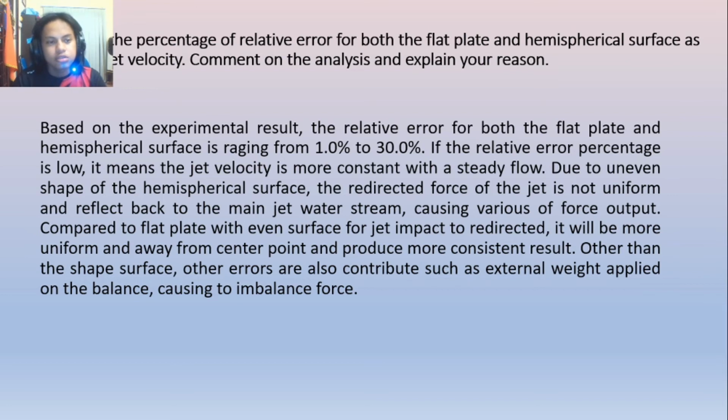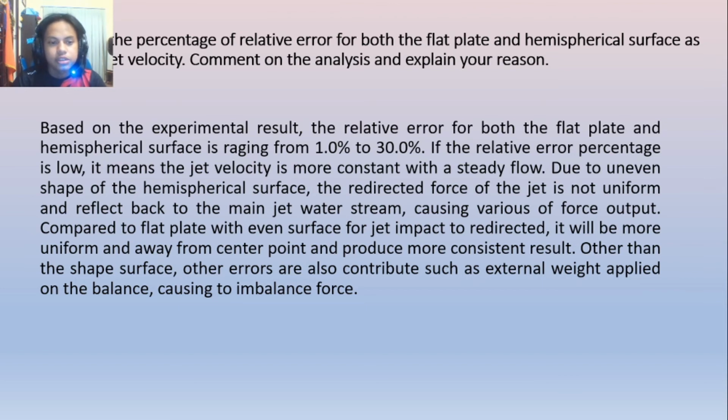So discussion 2 is to compare the percentage of relative error for both plates. Based on the summary result, the relative error for both the flat plate and hemispherical surface ranges from 1.0% to 30.0%. If the relative error percentage is low, it means the jet velocity is more constant with a steady flow.